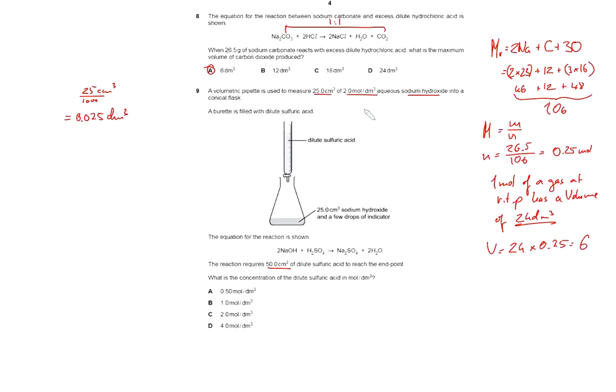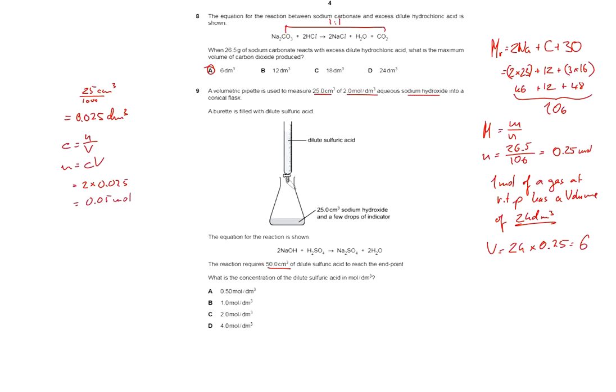We have 2 mole per decimeter cube, so concentration is equal to N over V. We are looking for N, so N moles is equal to concentration times volume. So that is 2 times 0.025, which is 0.05 moles.